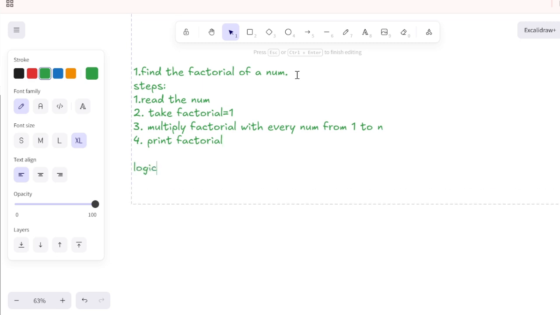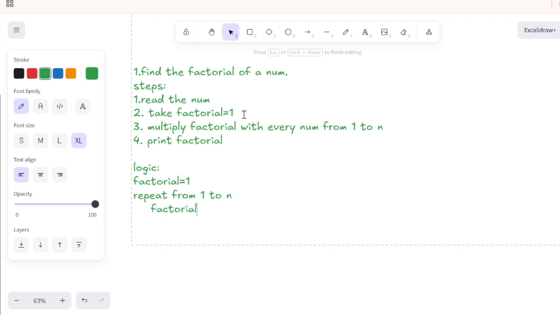Well, coming to the logic of the code. Here, firstly, we need to initialize factorial to 1, right? Next, you need to repeat from 1 to n. I'm writing the basic logic here, it's not in steps.